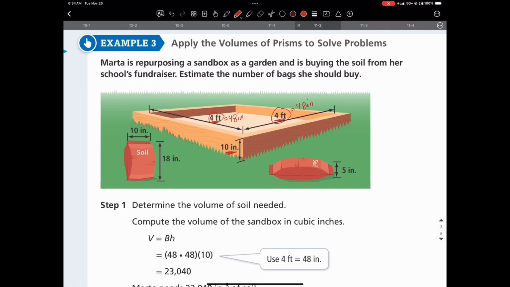So it may behoove you to change that feet into inches. You'll have to eventually, whether figuring out how many feet or how many inches you need. One way or the other, you're going to have to do some sort of scaling up or scaling down.